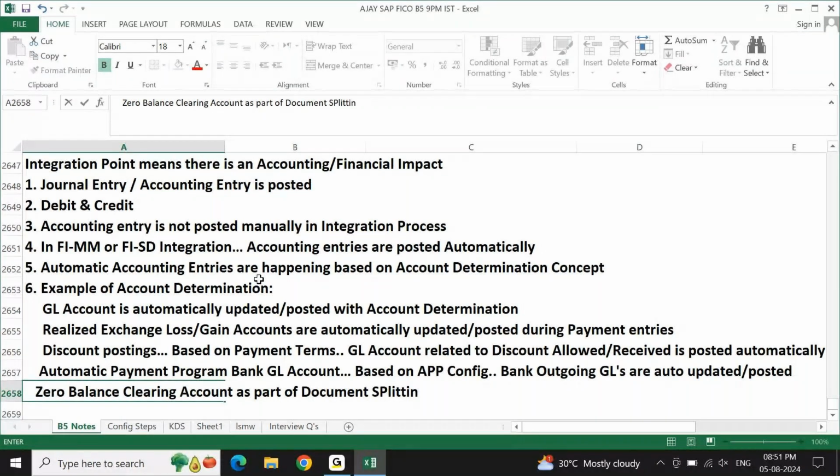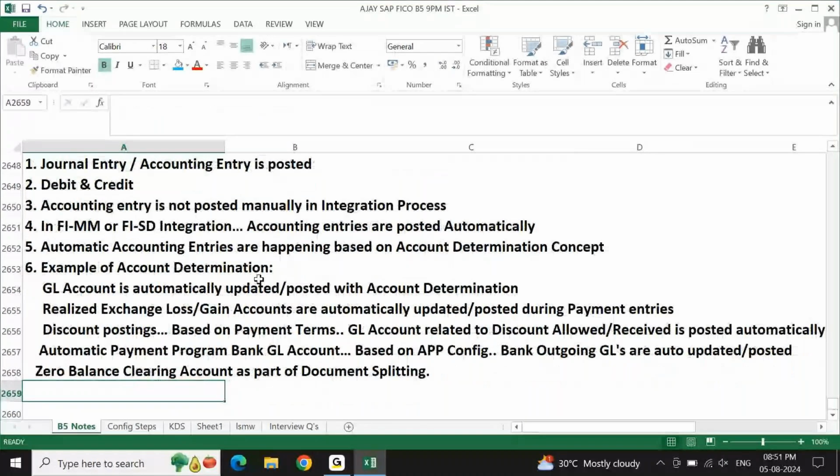There's one more point called zero balance clearing account as part of document splitting. This is also one of the account determination settings. Whatever the examples that I have listed so far, the 4 examples are related to account determination. Likewise, there are many others, but I'm not writing everything. Whatever we have done so far, whatever you can relate to at this moment, only those points I'm writing.